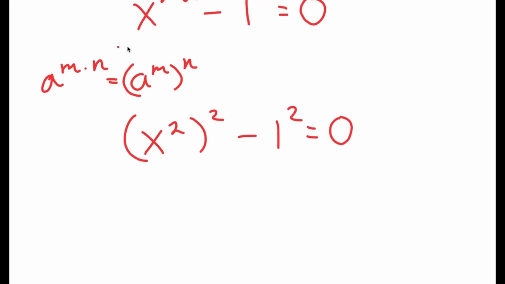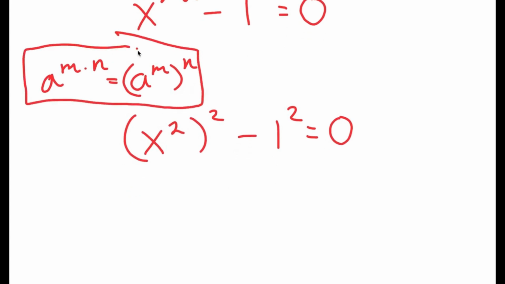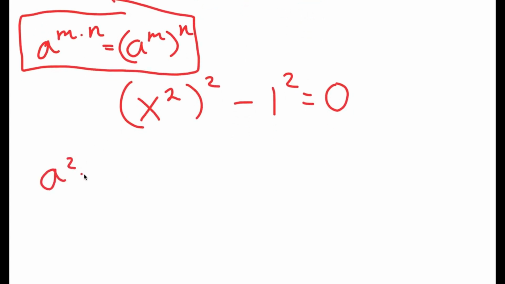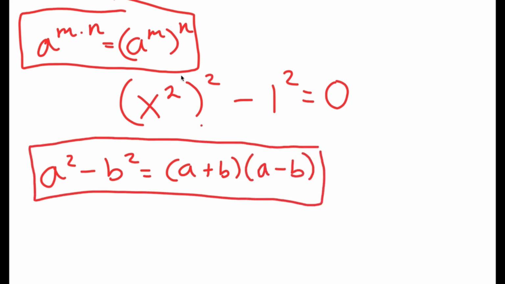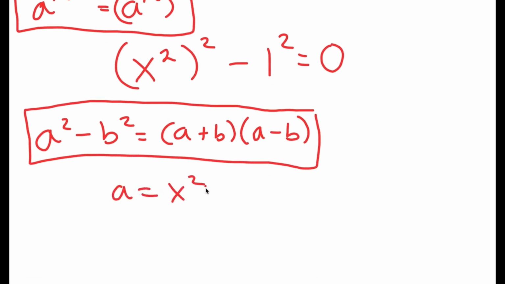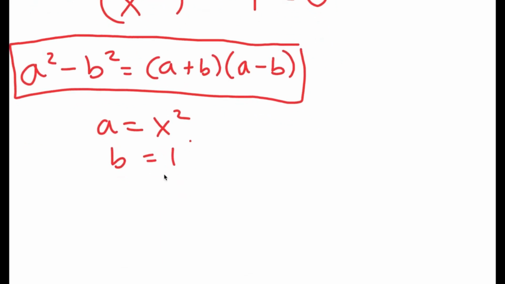And now another property I can use is a squared minus b squared is equal to a plus b times a minus b. So in this case, a is x squared and b is 1.